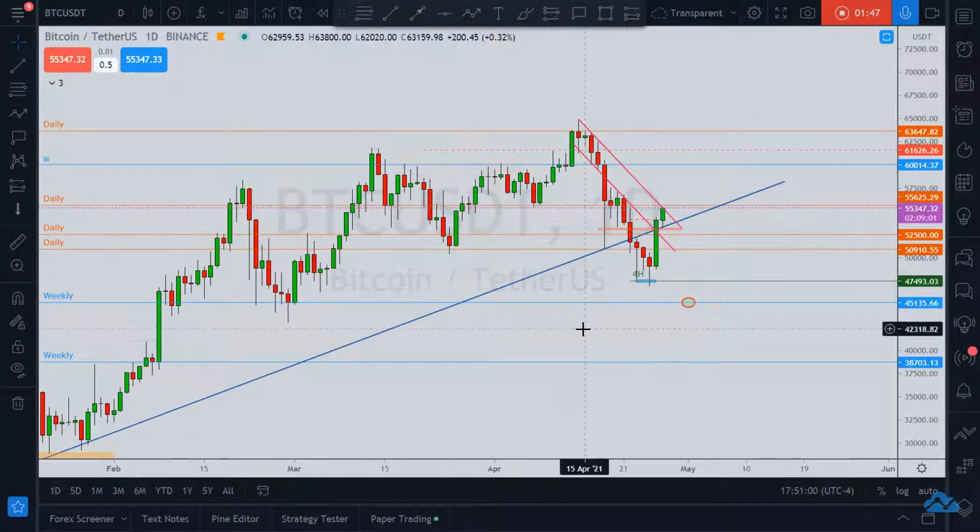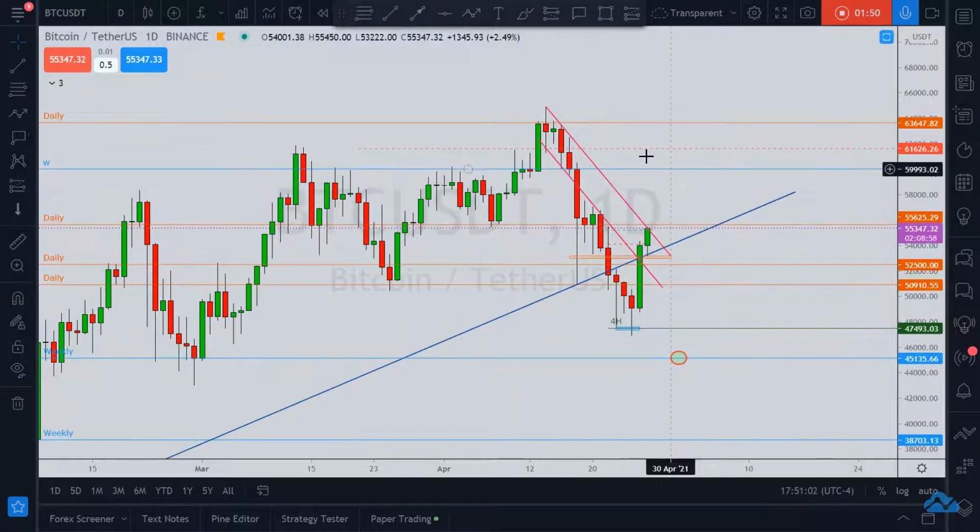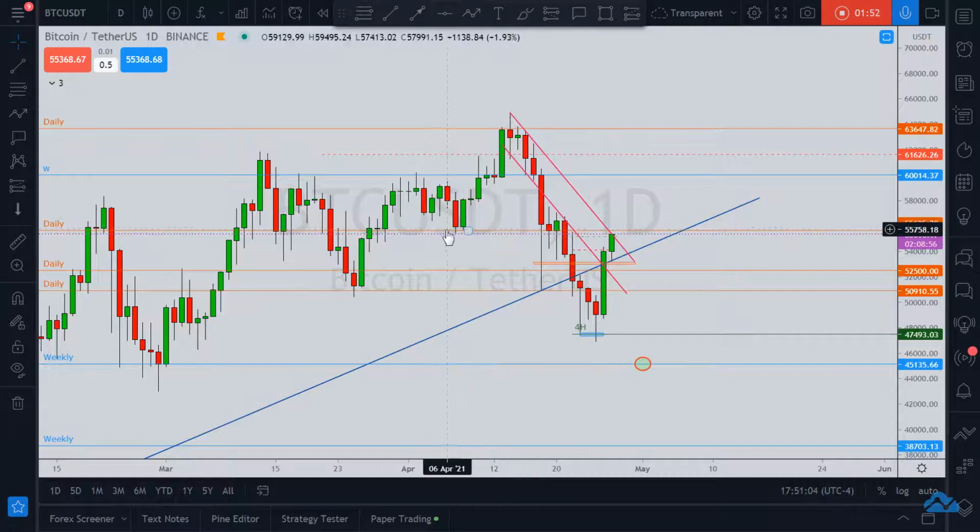Now, what I want you to look at is the Fibonacci's. Look at this level first of all. We were testing this area of the previous lower highs. This is a significant level of resistance, which was support. This is a daily key level of support and resistance, and we're right on it.